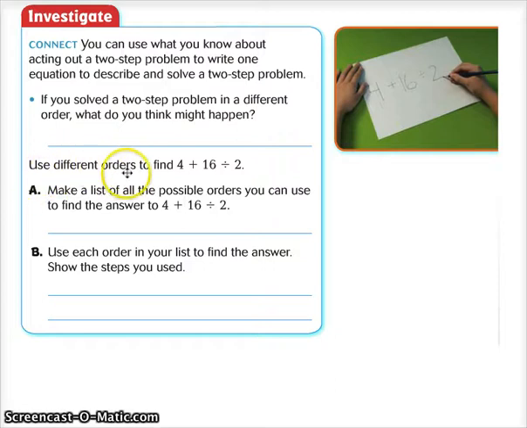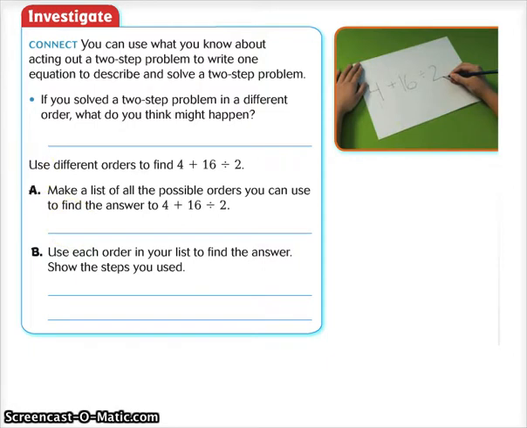Use different orders to find out 4 plus 16 divided by 2. First, let's make a list of all the possible orders that we could use to find the answer to 4 plus 16 divided by 2.